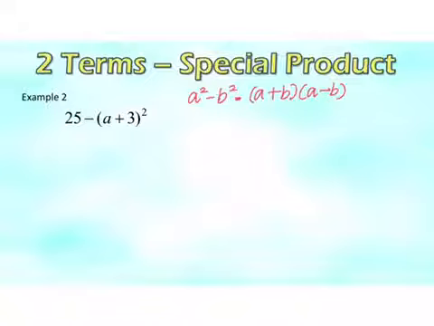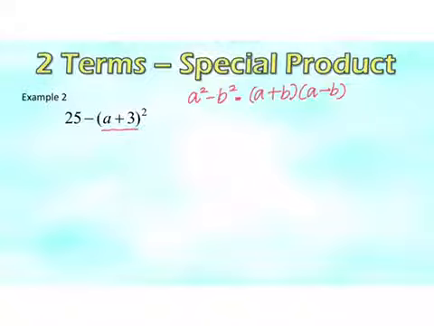Now, some students will tell me, oh, sure, I'll try to expand a plus 3 whole thing square. Now, we are doing factorization, so we try as much as possible not to do expansion. Unless really there's no pattern, then we will have no choice, then we will do expansion and simplify, then do factorization. But in this case, if we can keep it factorized, we should try to keep it factorized.